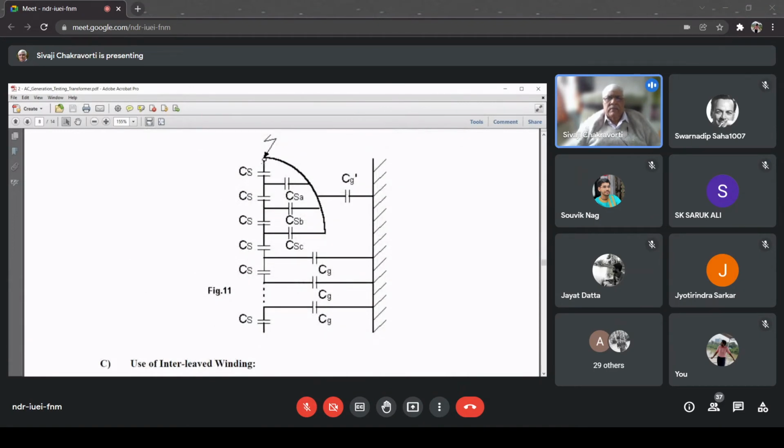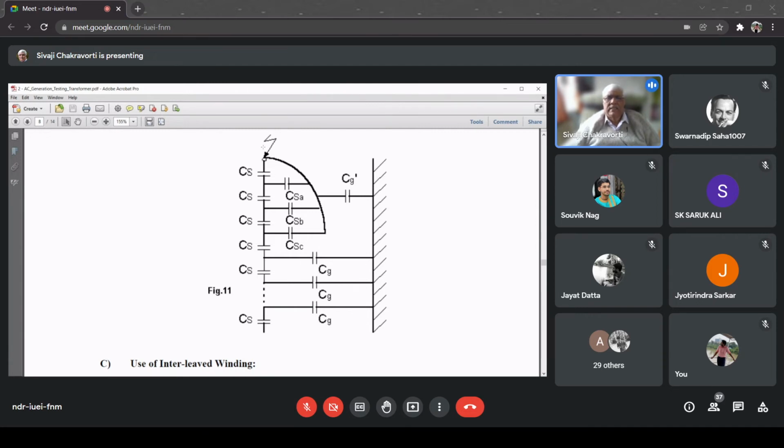See, this is the transformer winding where all the CS, the series capacitances, are there, and ground capacitances are also there. But what we are doing is at the live terminal, we are putting an electrode which is electrically connected to the high voltage terminal, but it is not a current carrying electrode. Its purpose is simply electrostatic.